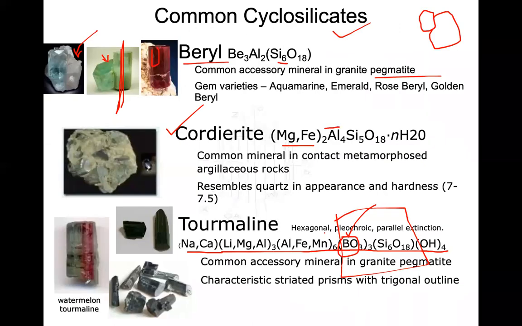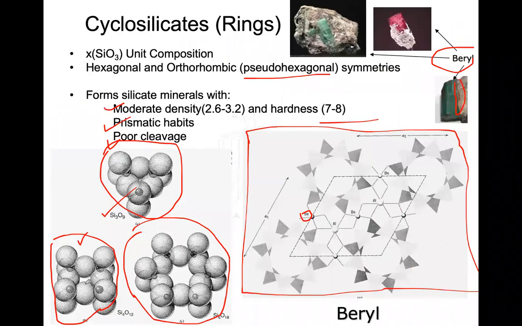Okay, so these are the commonest types of cyclosilicates which you can find in most of the rock types that we have. And I said, I think in the last lecture, that I am not going to give you the whole list of minerals that belong to each and every group. So you will have to find the other minerals, and you have to submit an assignment, which I will give you sometime later.